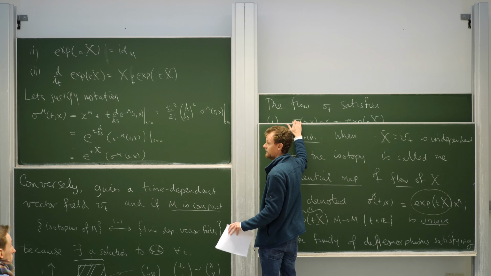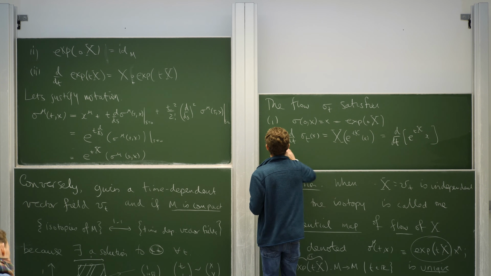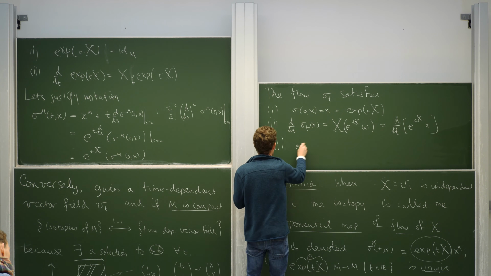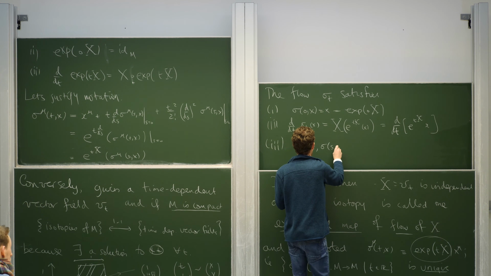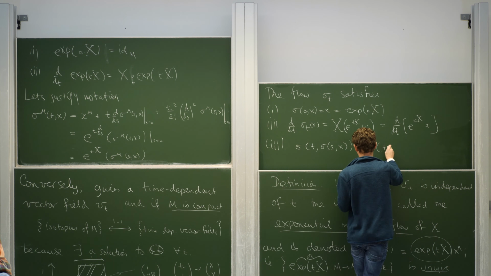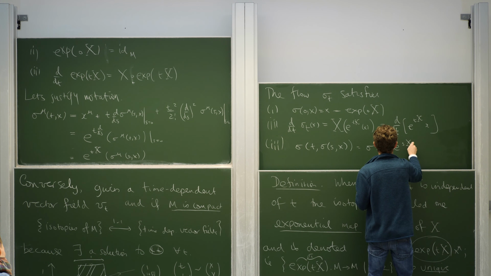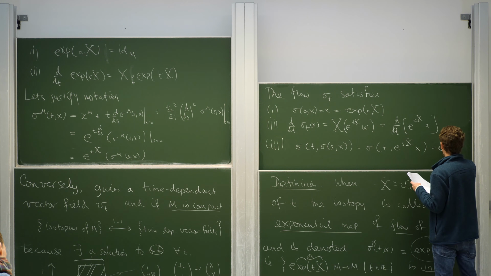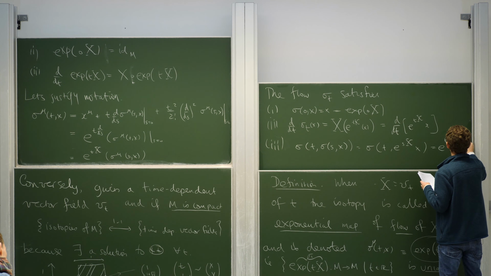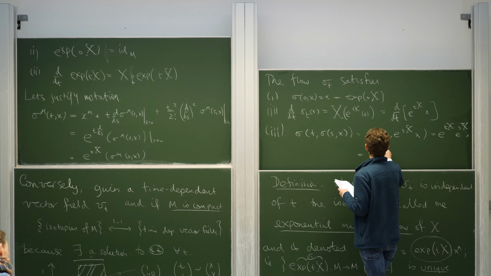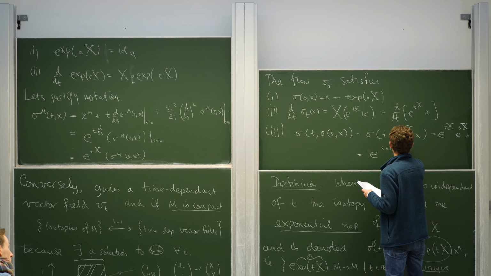So we're all in the compact manifold case now. If you flow for a bit and you flow for a bit again, then that's the same as flowing for a bit and a bit again. But that's the same as two exponentials like this, which is the same as e to the s plus t, now for all time.